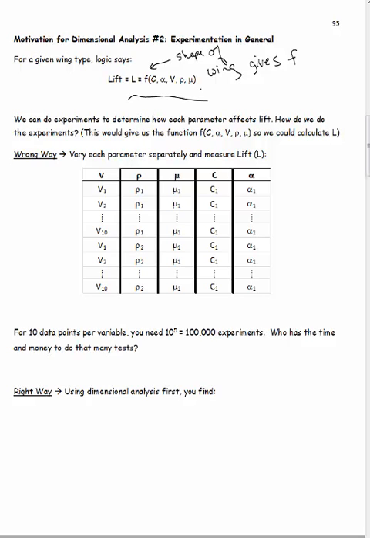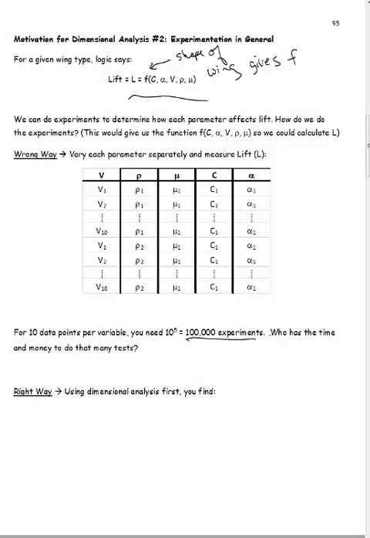Okay, what'll happen then is if you say have 10 different alphas, okay, and 10 different chord lengths and 10 different rhos and mu's, you're going to end up with 100,000 experiments. 100,000 experiments is pretty expensive and takes way too long. Okay, so we can't really do that.